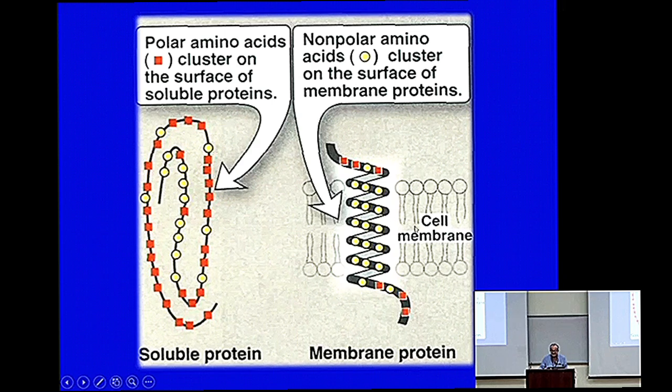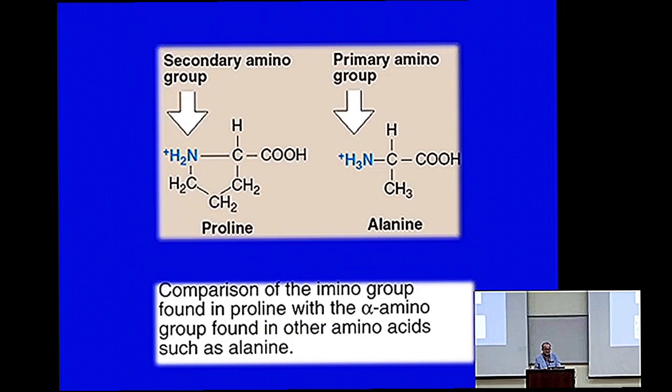So like interacts with like. Non-polar residues can interact with the non-polar nature of the cell membrane. Okay? I want you to understand that really the R group can determine the disposition of proteins and their orientation in their specific environment. Okay, you're with me? Okay, good.